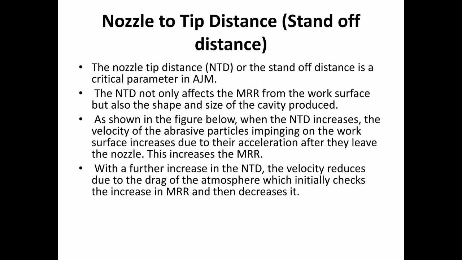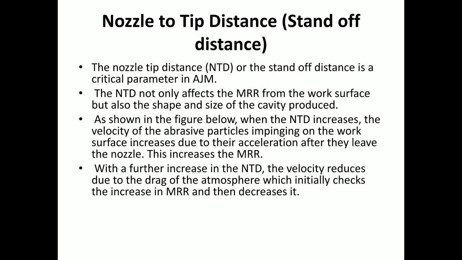Next point, with the further increase in NTD, the velocity reduces. Now see, if you are not optimizing and you go on increasing the NTD, it will not result in high MRR. And our focus is to increase the MRR so that the process consumes less time with accuracy.